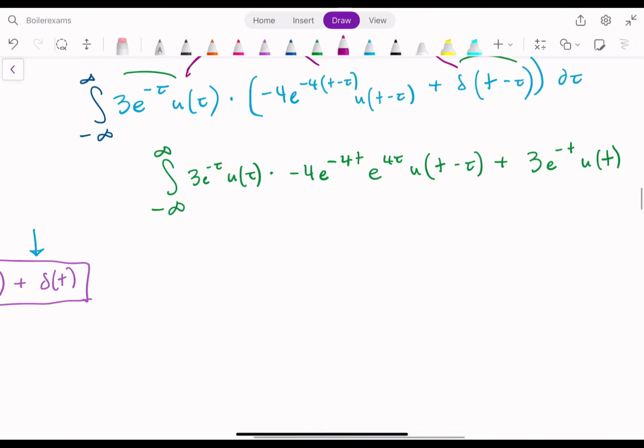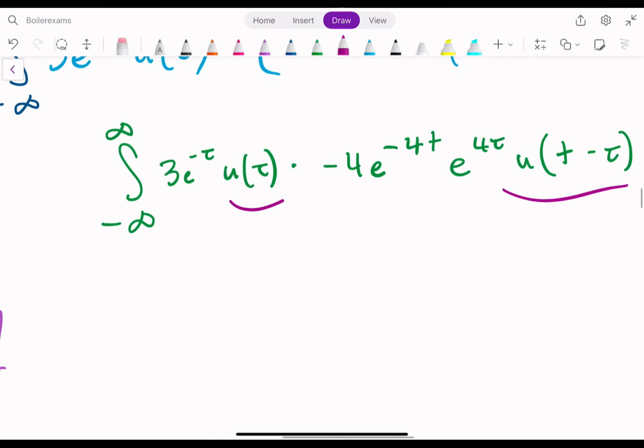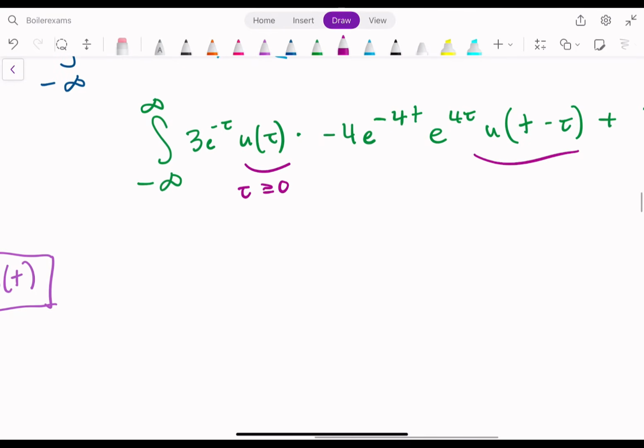And so right off the bat, when I see these unit step functions, I know that they're going to limit our bounds. The reason for that is that this u of tau function is only going to be equal to 1, it's only going to be on, when tau is greater than or equal to 0, and it's going to be 0 for all other times. So from negative infinity to 0, this entire expression is going to be nulled by the fact that u of tau is equal to 0.